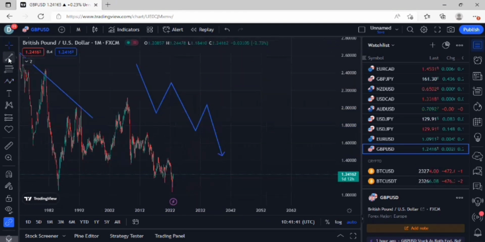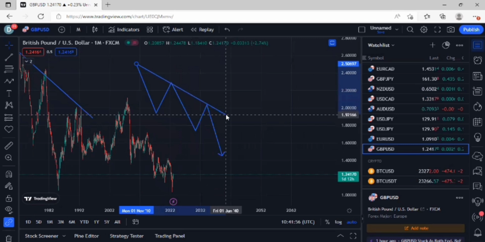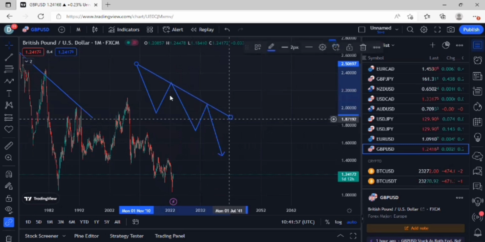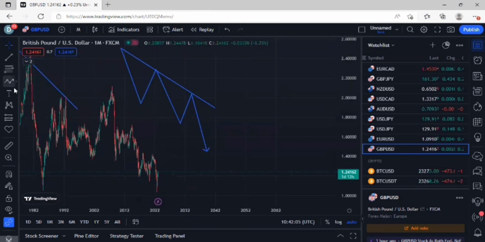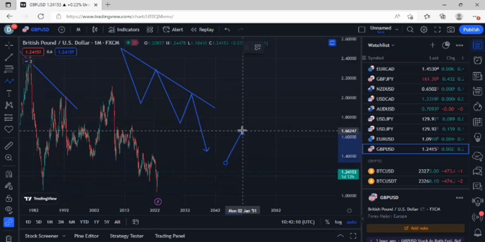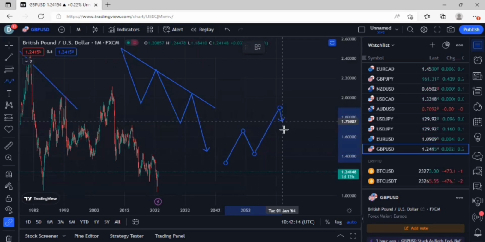So for the downtrend, when you're able to join two lower highs, we'll say the trend has started. But when you are able to join the three together, then we'll say the trend has been confirmed. So for the uptrend now, when you have low, high, higher low, higher high, higher low, higher high.